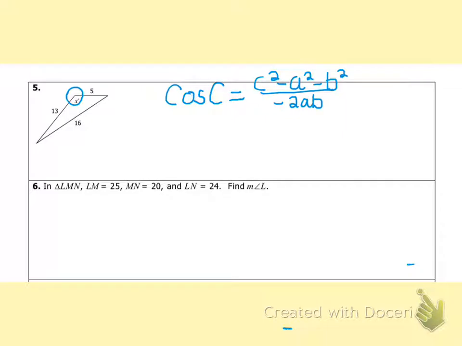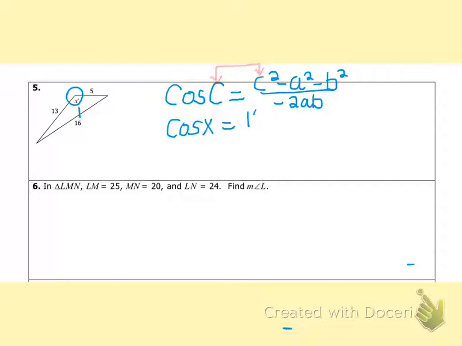Specifically though, whatever angle we're trying to find, if we call it C, that side only appears one time in the formula. That's the very first side. So it's really important that you get the side across from the angle that you're looking for in that first spot, and that's the only place it appears. In this particular problem, we'd say the cosine of x is equal to, well, the side across from x is 16.